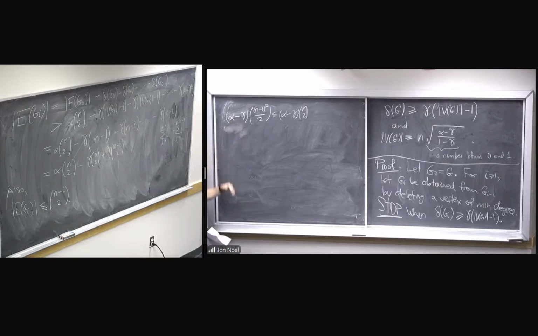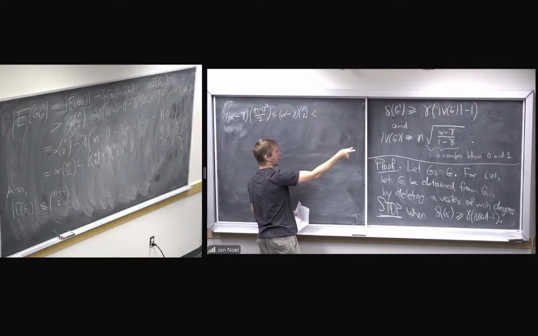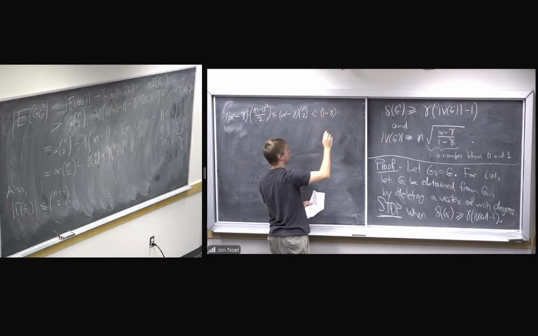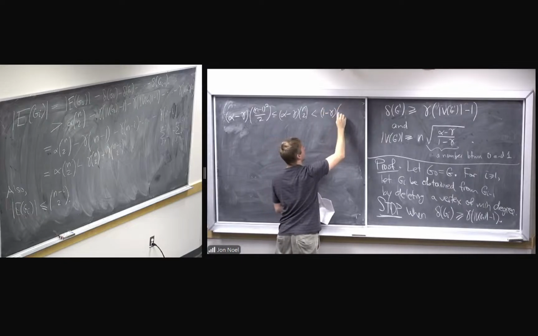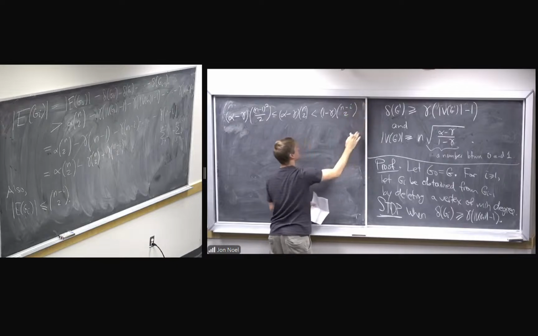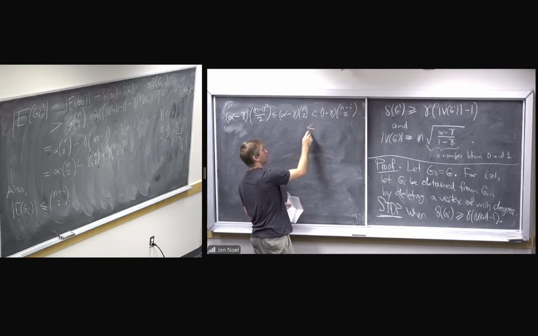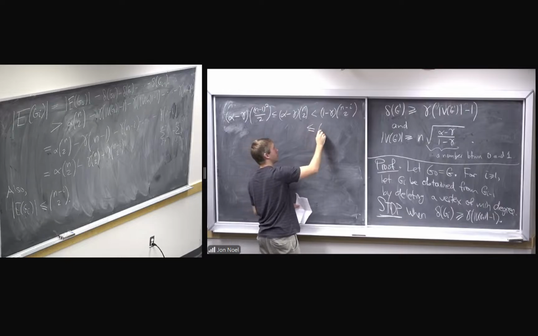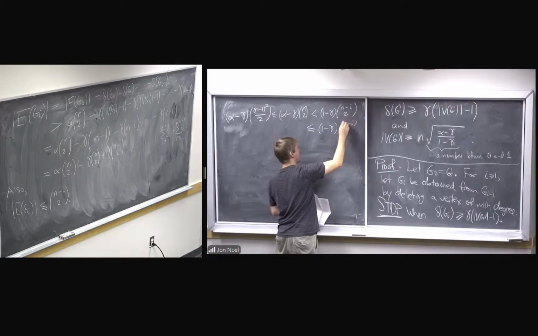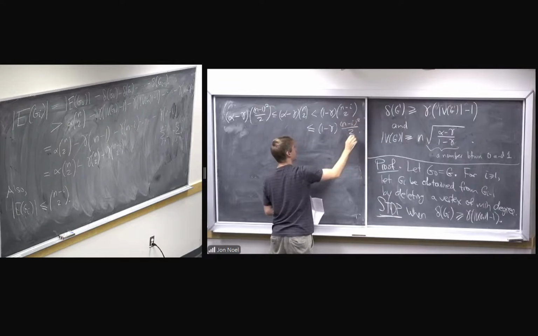So this should be true, and this is positive. And by the thing we have over there, this is less than 1 minus gamma n minus I choose 2, which is less than or equal to 1 minus gamma n minus I squared over 2.